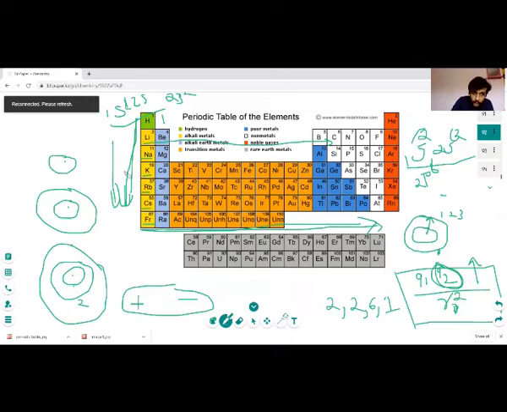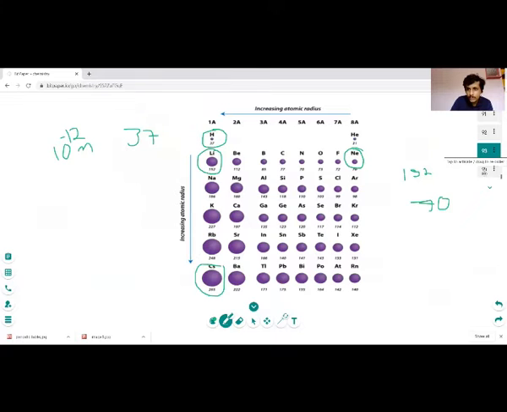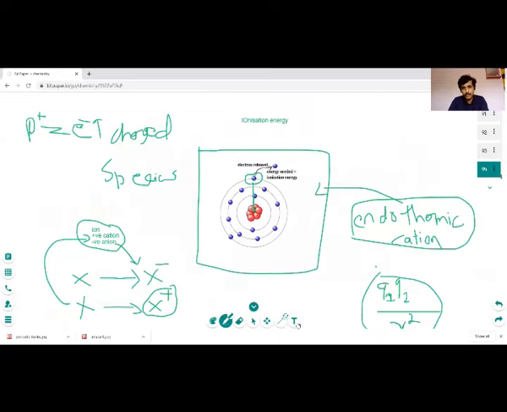Hence, down the group, as the size increases, it follows exactly the pattern of size. As the size increases, ionization energy decreases here. Why does the ionization energy decrease? Because as the size increases, the electron is farther away, you can easily remove it, so you have to put in less energy. So if I had to write that in one word, I'll put it here.